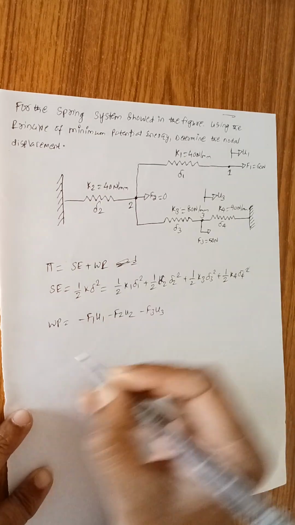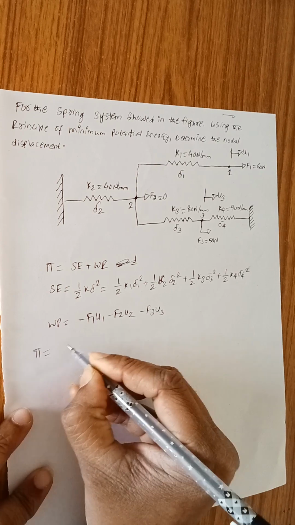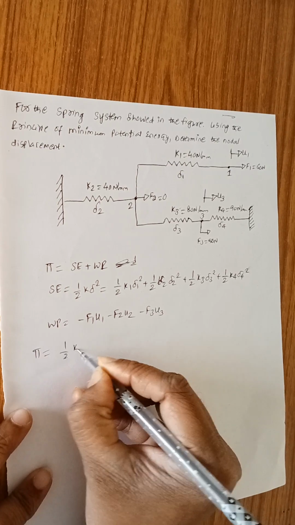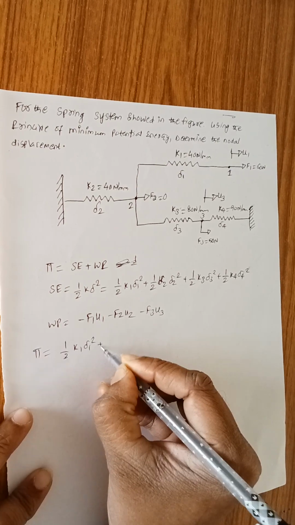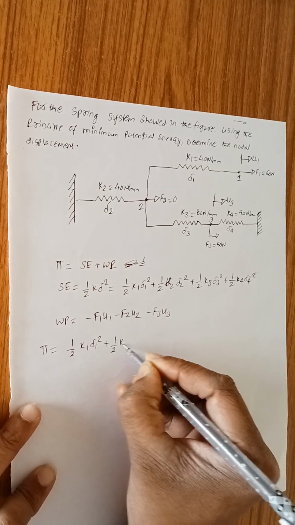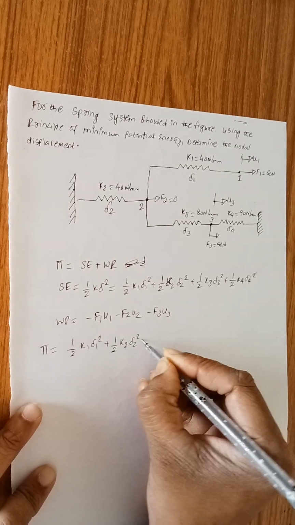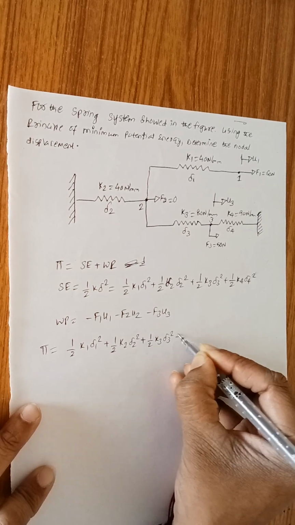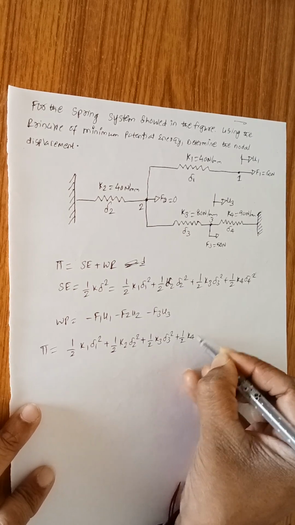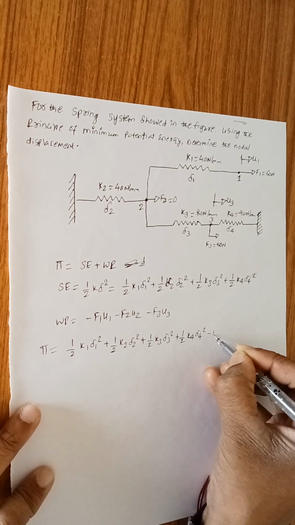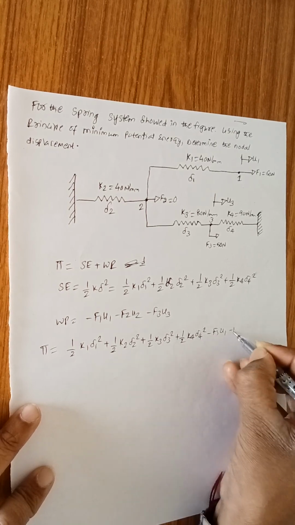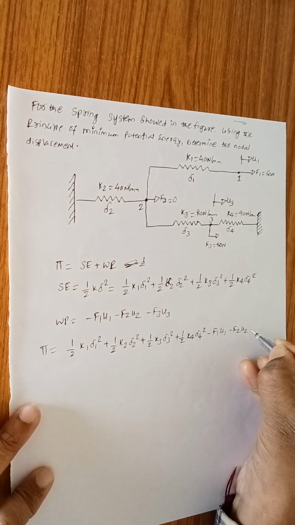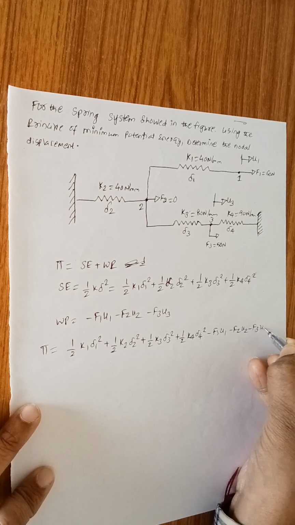Now just substituting both in this equation, you get pi equal to half k1 delta 1 square plus half k2 delta 2 square plus half k3 delta 3 square plus half k4 delta 4 square minus f1 u1 minus f2 u2 minus f3 u3.